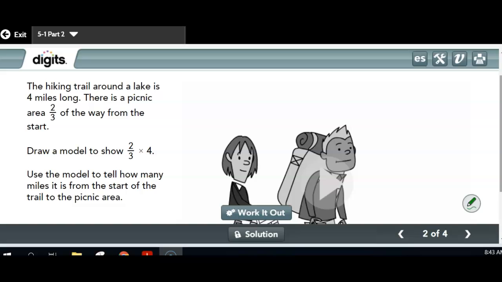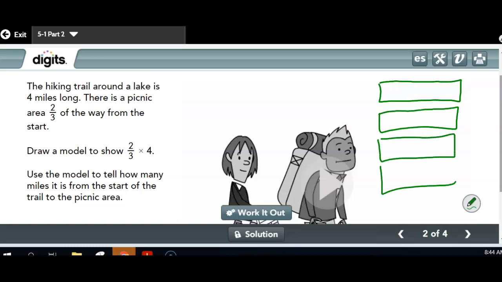Okay, what is our whole? John? It is 4. So how many whole rectangles am I going to create? 3. 4 more rectangles represent that. That represents this right here. Now 2/3. What do we need to do to represent 2/3? Jacob. Cut them into thirds. Perfect.